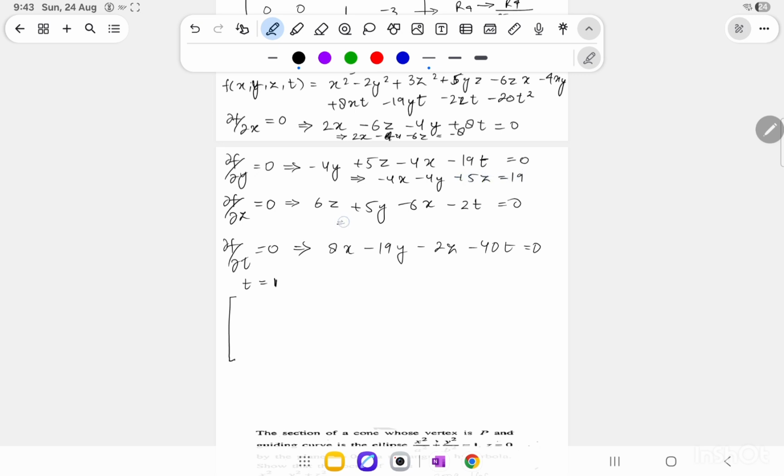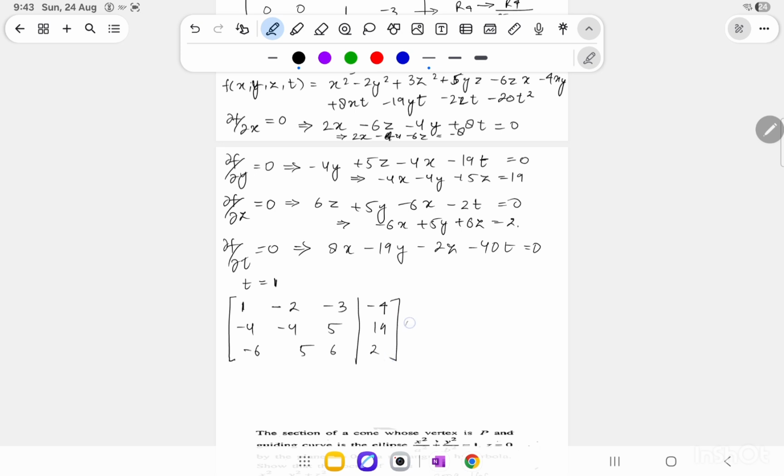And from third one, I'll get minus 6x plus 5y plus 6z equals to 2. So if I solve these three equations, I'll get 1, minus 2, minus 3, minus 4, minus 4, minus 4, 5, 19, minus 6, 5, 6, 2.